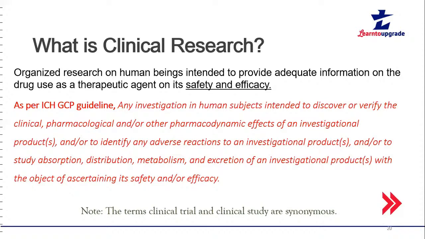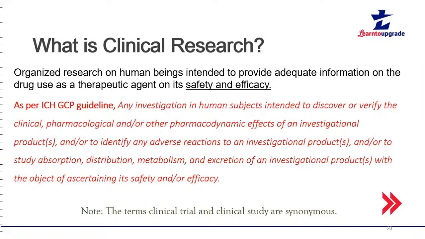Again, let's summarize the entire thing. We are testing on human bodies. Human trials are going on. It's a well-designed, organized research. We are not doing it in a manipulative way, like let's give and test around. It is not like that. Everything is as per protocol.